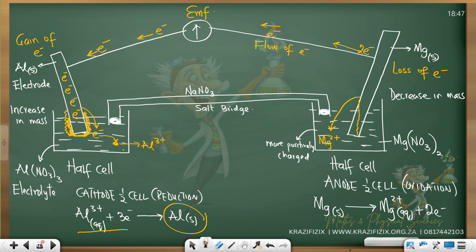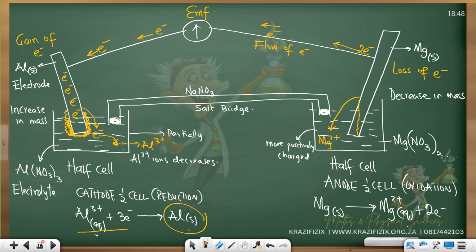On this other side, what are we doing? We are gaining electrons, and as we gain electrons, please check, the Al3+ ions are decreasing because it's now becoming a solid. So I'm going to write it here. Al3+ ions are decreasing.